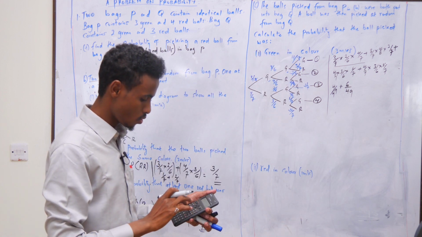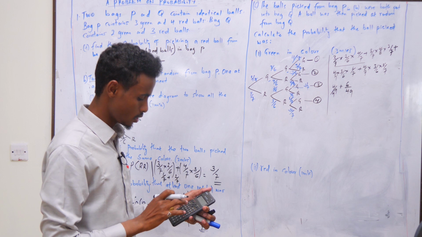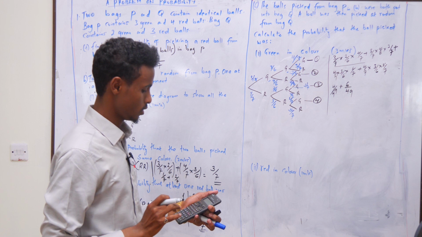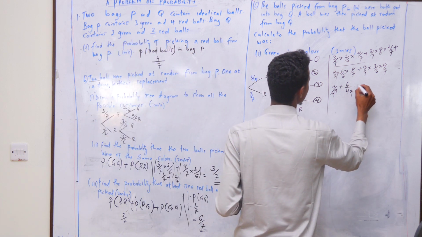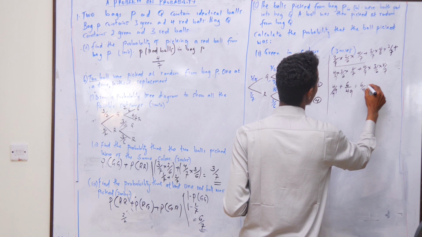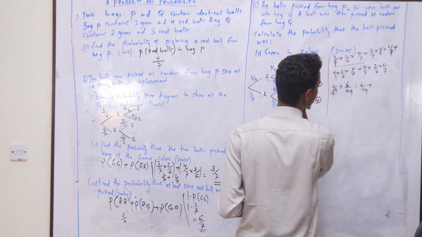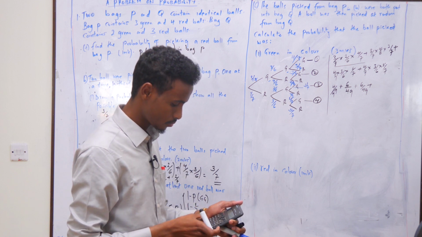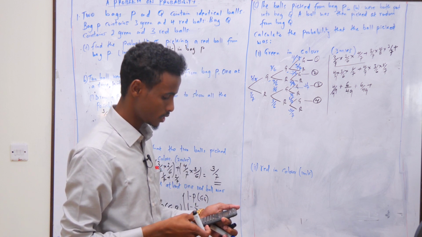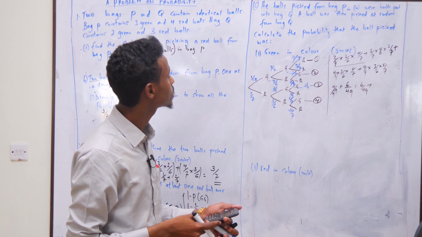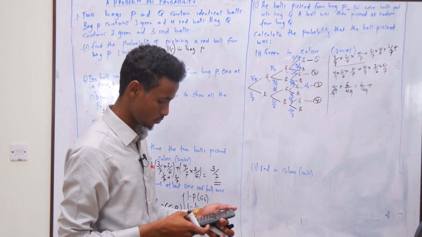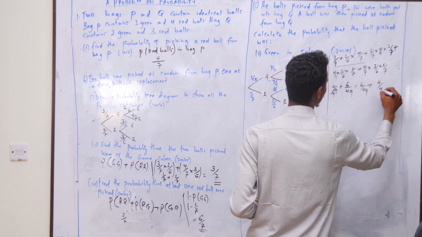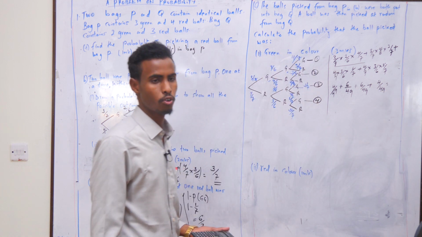It will be 4/7 times 3 out of 6 times 3 out of 7, plus 6 out of 49 plus 6 out of 49 plus 4/7 times 3/6 times 2/7. 4/7 times 3 out of 6 times 2/7. Now it will be 4 out of 49. 4 out of 49.